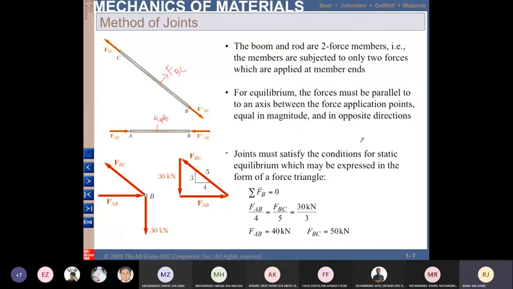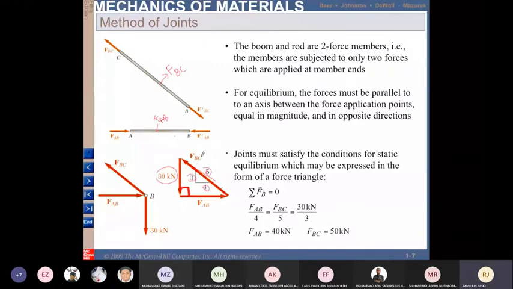So this one is FBC, the hypotenuse. This one is 90 degrees. The opposite side is 5, FAB is equal to 4, and this one is 3, and you know this is 30 kilonewton. This is a 3, 4, 5 triangle.